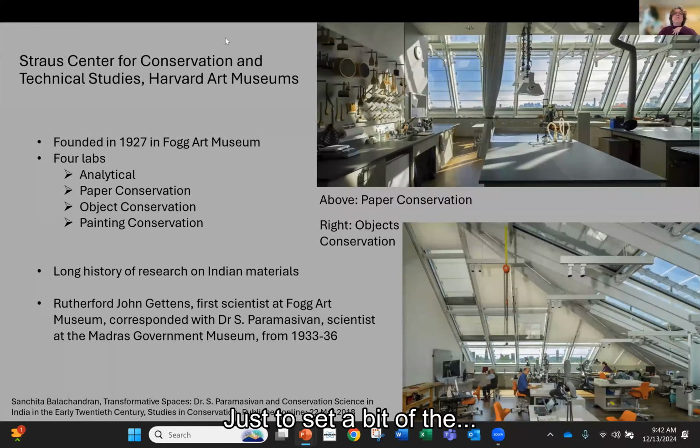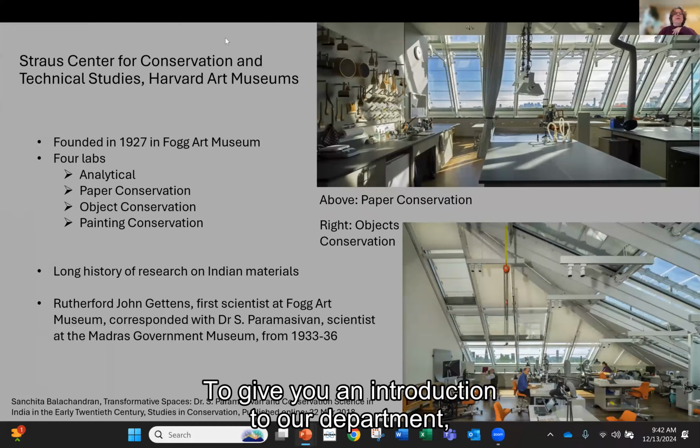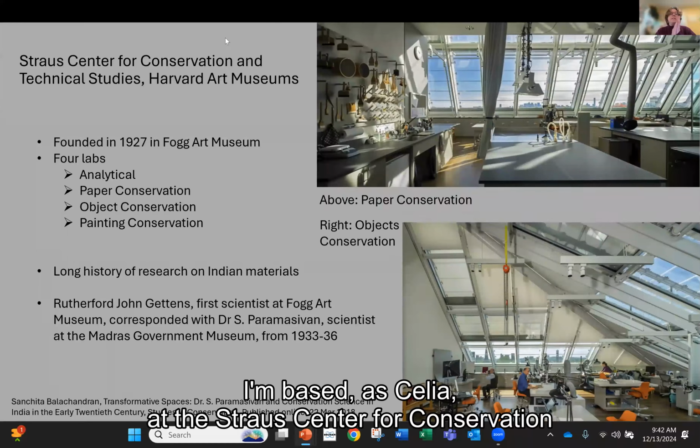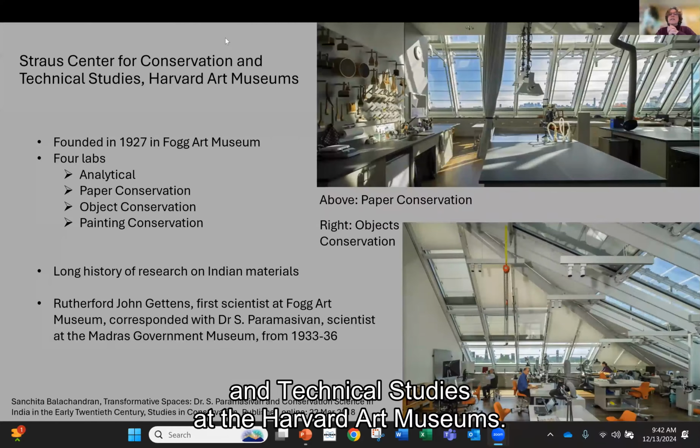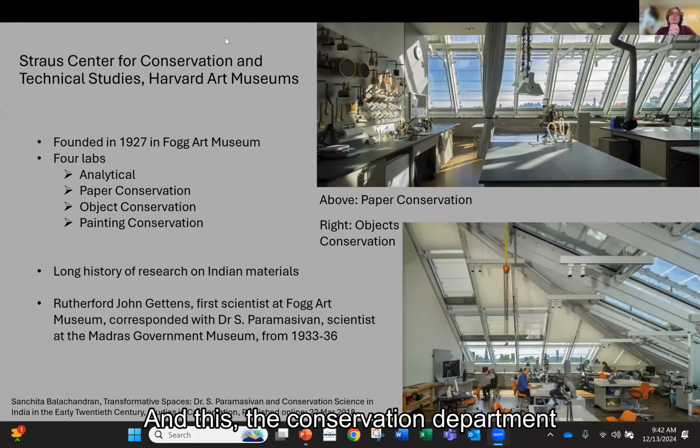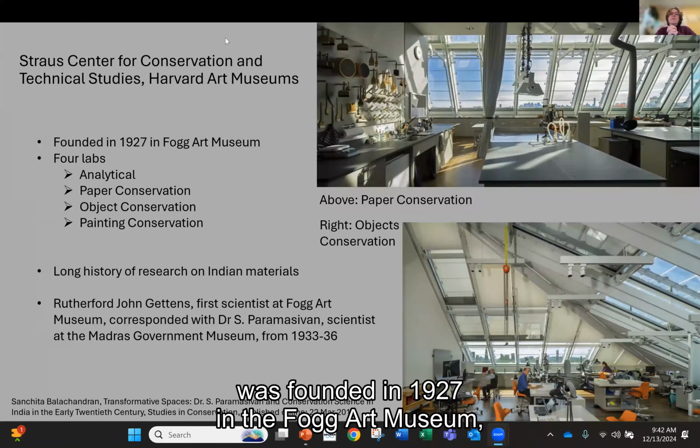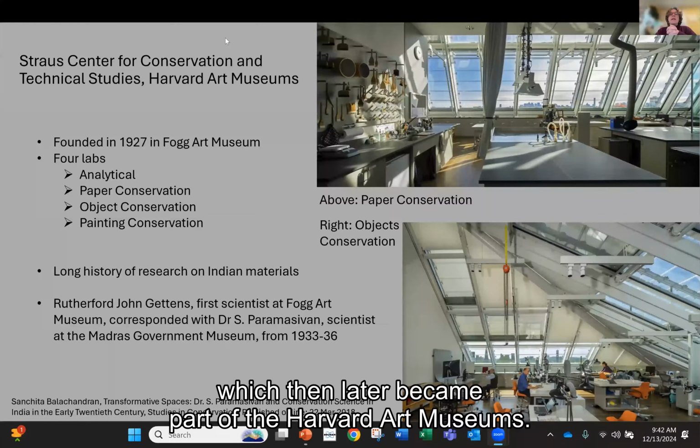Just to give you an introduction to our department, I'm based, as is Celia, at the Straus Center for Conservation and Technical Studies at the Harvard Art Museums. The Conservation Department was founded in 1927 in the Fogg Art Museum, which later became part of the Harvard Art Museums.